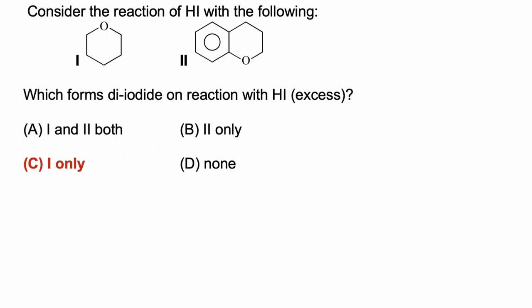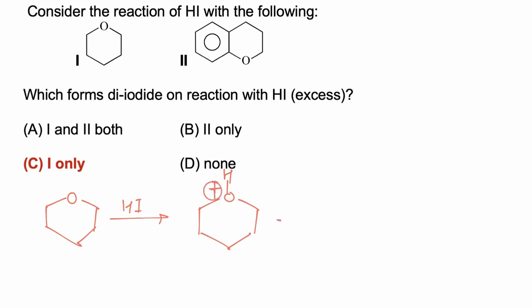In this question we have to find which of the following reactants will form a diiodide on reacting with HI. So if we take the first example, this molecule on reacting with HI first gets protonated to form an oxonium ion.